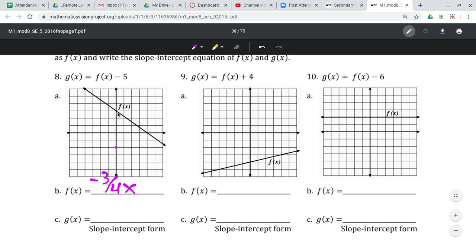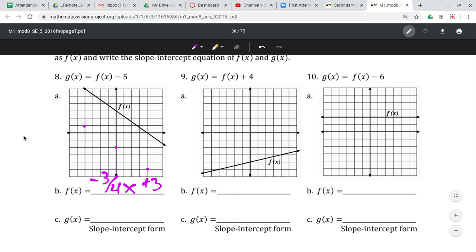Our y-intercept on this is at a positive 3. So now finishing off our g of x, we're going to go down 1, 2, 3, and over 1, 2, 3, 4. Go back to the y-intercept and go up 3, 1, 2, 3, and over 4. 1, 2, 3, 4. There's our line.